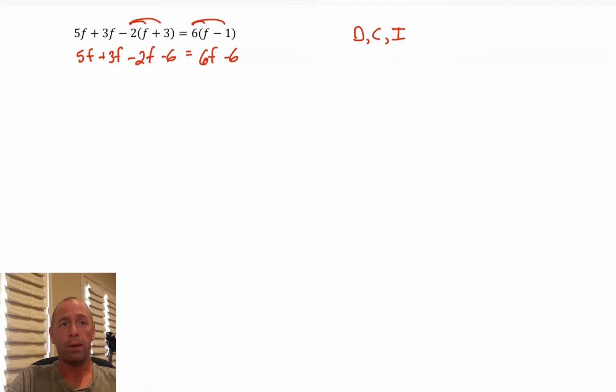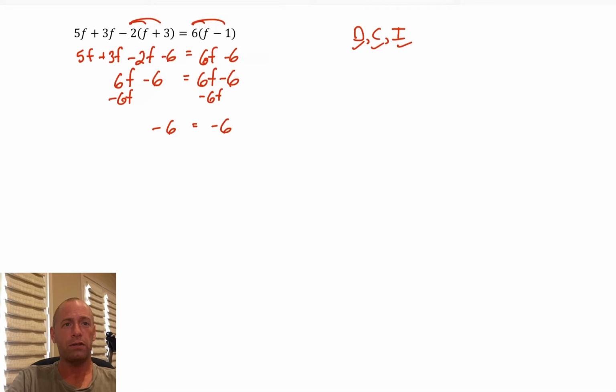Now I can combine my like terms. 5 and 3, subtract 2 more, that gives me 6f take away 6 equals 6f take away 6. Well, I'm going to subtract away 6f from each side now. That'll leave me with negative 6 equals negative 6.